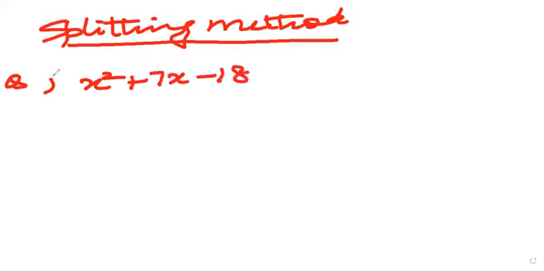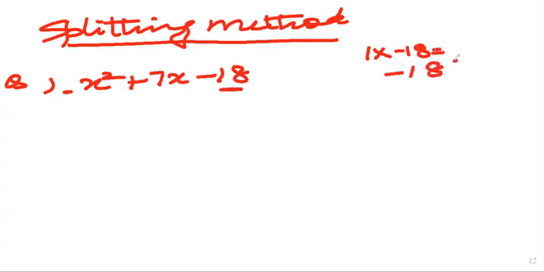Okay, so now you have to do your rough work also here. Now, children, I told you in the beginning that first you have to find the product of the coefficient of x square and the constant term. Okay, so let's see what that is. 1 into minus 18. You will get minus 18.